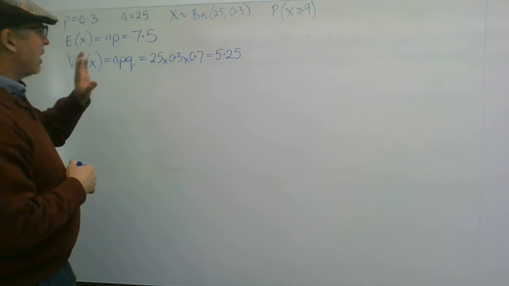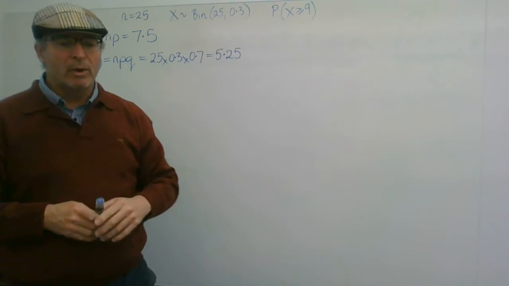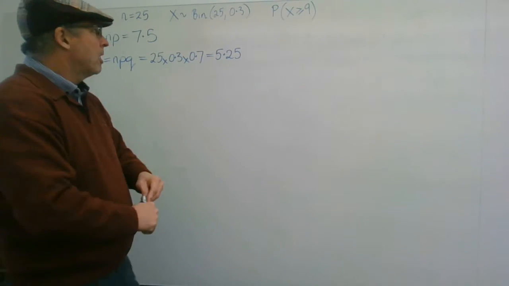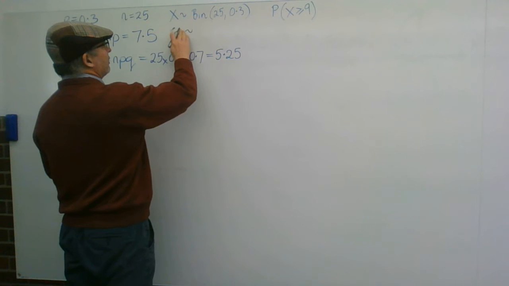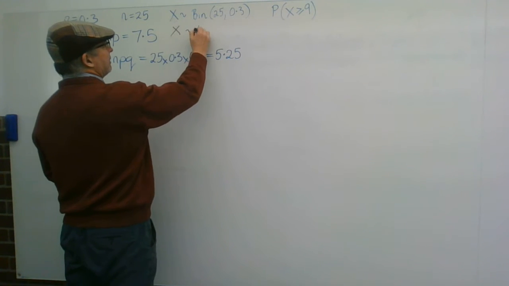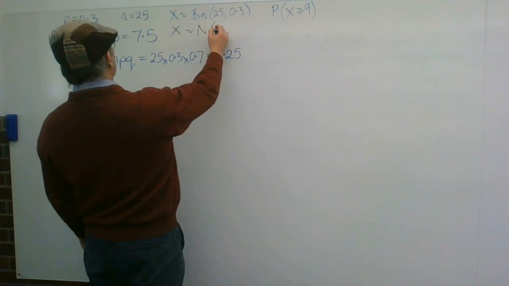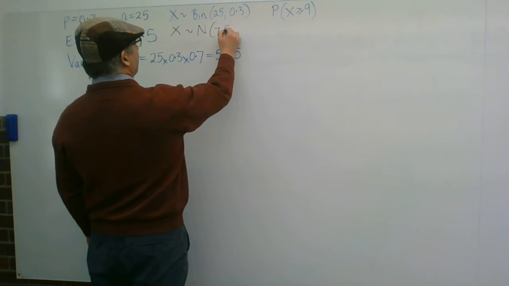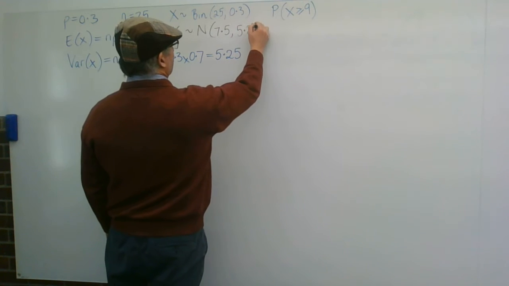So if I'm going to approximate this binomial distribution with a normal distribution, I'm now looking at a normal distribution, X being part of a normal distribution, where it's got a mean of 7.5 and a variance of 5.25.